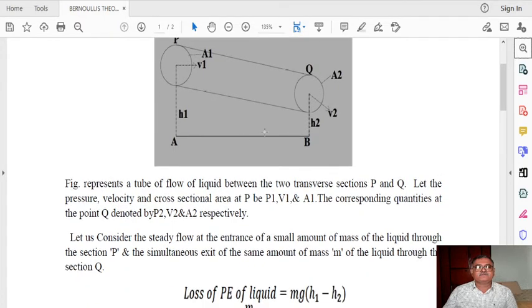We will consider this distance as AB here, and the heights H1 and H2.